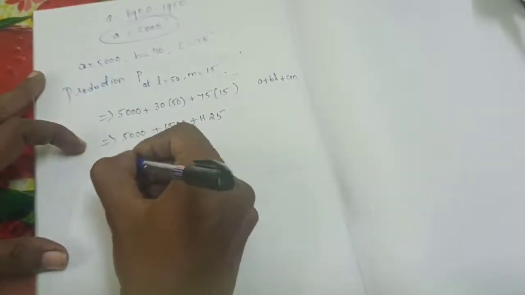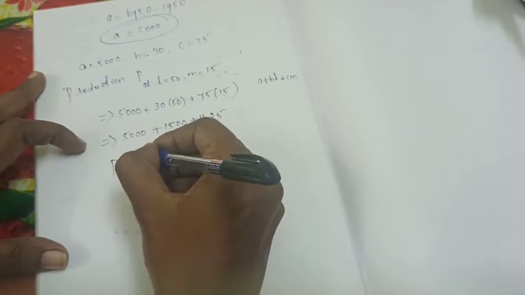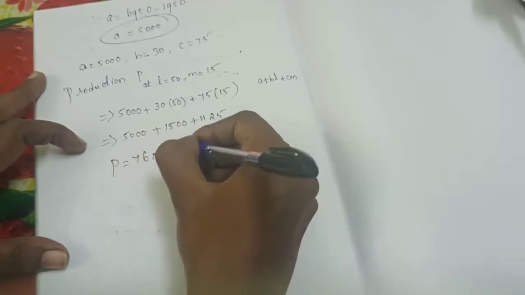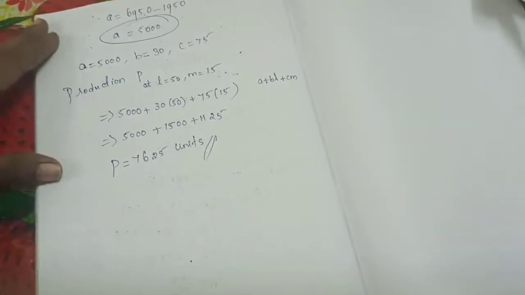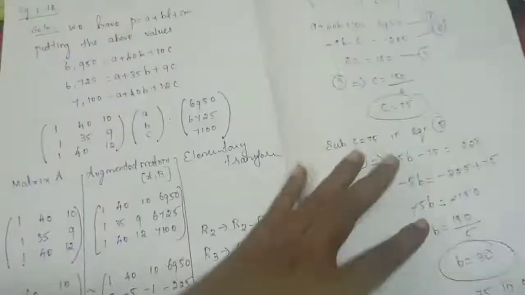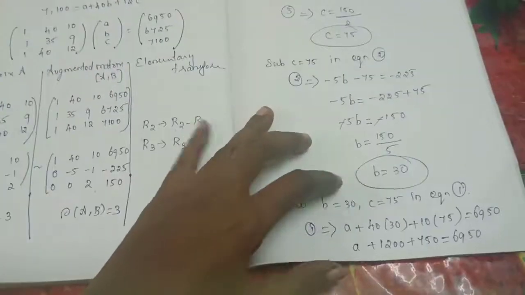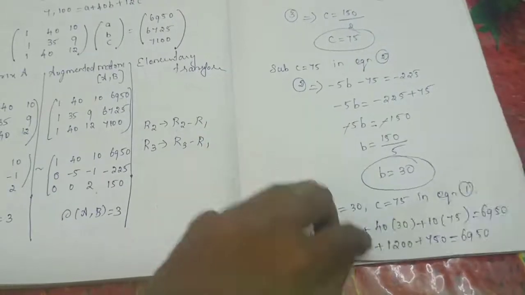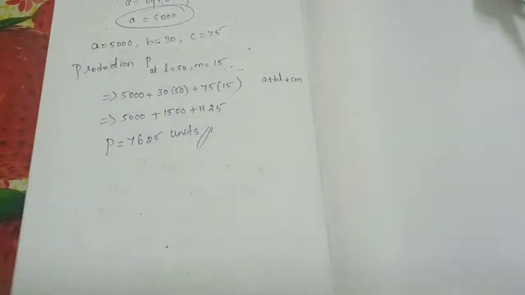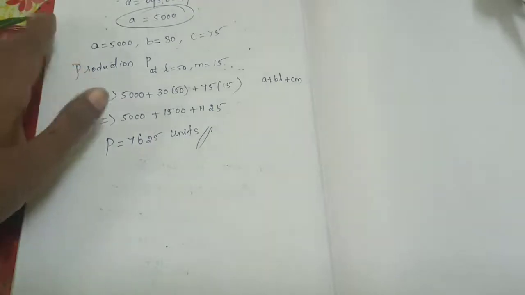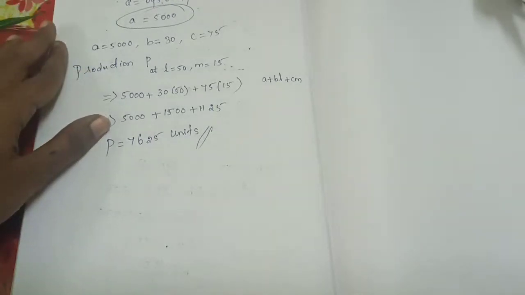Add all the values, you will get production P is equal to 7625 units. Don't forget to put units. Understand? Very easy question. Up to here we have learned in one problem. I hope you all got it.